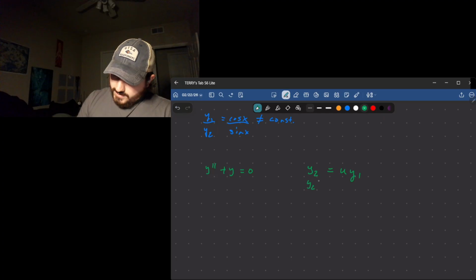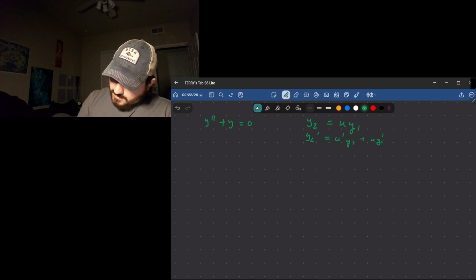So we're going to get y2 prime is equal to u prime y1 plus u y1 prime, right? And then our y2 double prime is equal to u double prime y1 plus 2u prime y1 prime plus u y1 double prime, right?